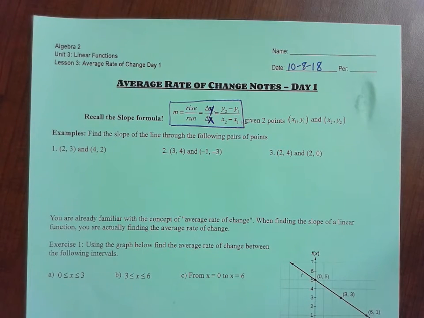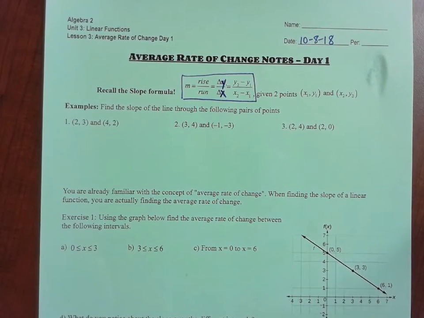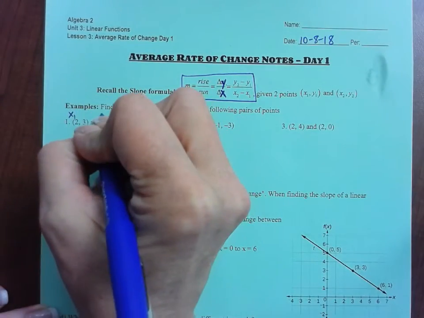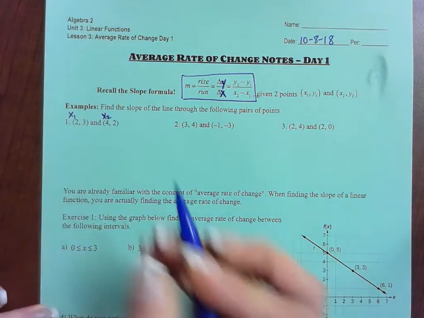Okay, so let's find the slope through the following pairs of points. Which one do we want to be our x1, y1, and x2, y2? Isaac, pick one. First one can be x1, and then that's x2.